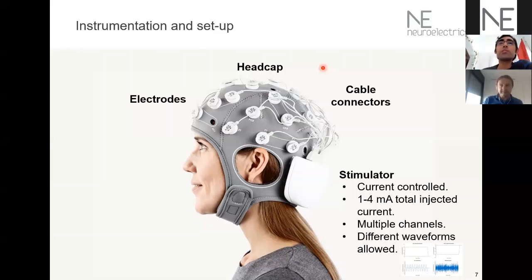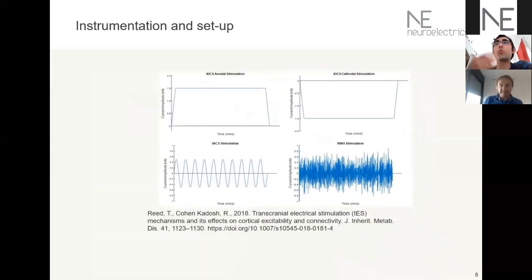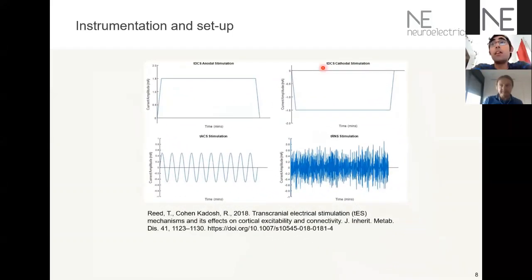The temporal waveforms of the currents in the electrodes can change. This technique is called transcranial electrical stimulation, but depending on the waveform of the currents, you can have different names for the different ways of applying this technique. A very common name is tDCS, transcranial direct current stimulation, in which the current is maintained constant throughout the application.